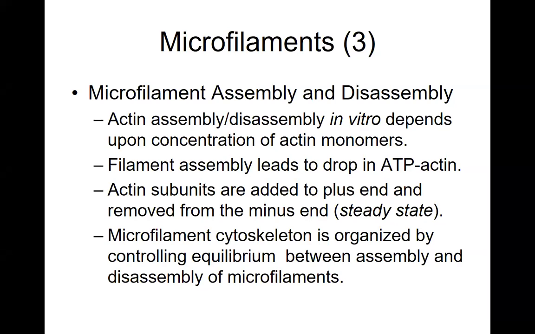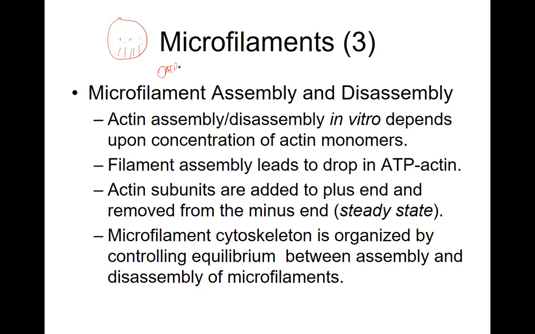So what this means is, in a cell, let's say that I'm drawing a cell over here. So in a cell, let's say this is a cell, we have some actin filaments being formed. So I'm just going to draw them as lines. And then we have a lot of globular actin. So these globular actins are found in a pool inside the cell. And if I draw a globular actin like this, they are ATP bound.